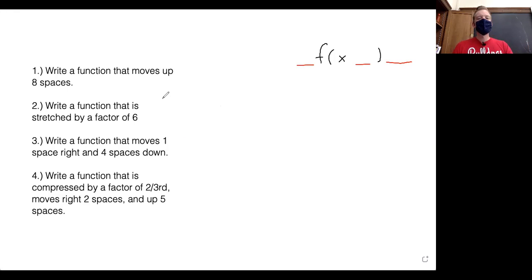All right, so we know that we only have one number here, and we see that it moves up 8 spaces. And whenever we're moving up or down, that's going to be on the end right here after our parentheses. So if I write this one out, this will be f of x. No number in front of the f, no number inside the parentheses, but now we're going to have +8 after the parentheses right there.